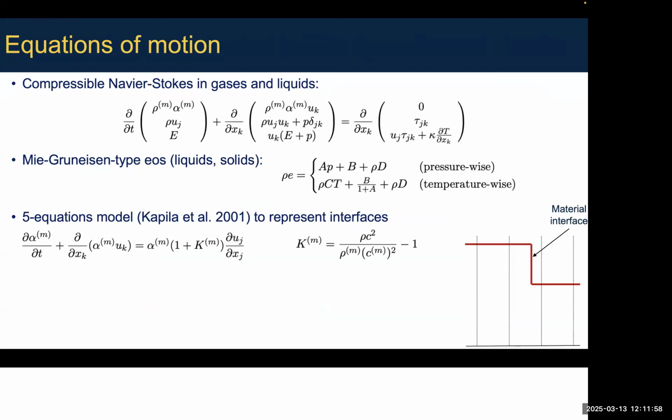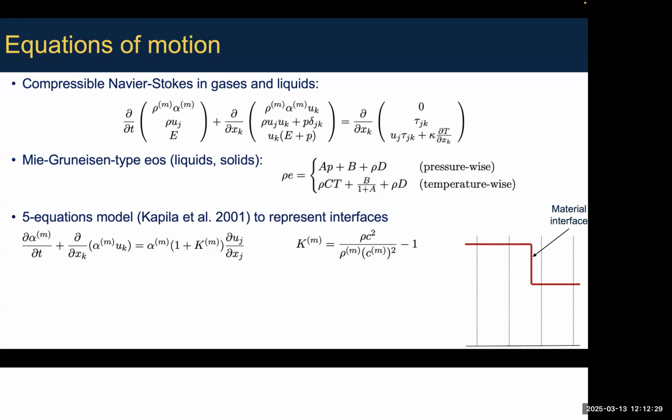We're going to solve mass conservation equations for both of the phases, a single momentum equation, assuming that the phases have the same velocity, and then a single energy equation, assuming here that the phases have the same pressure. If we wanted to deal with sharp interfaces, there would be no question here in terms of the velocities and the pressures of the phases matching. But I'll get to that in a second.